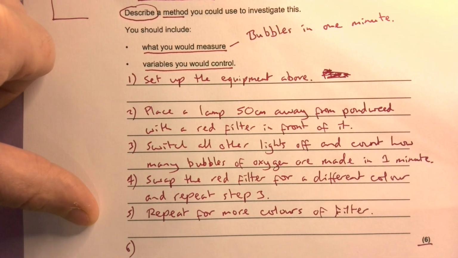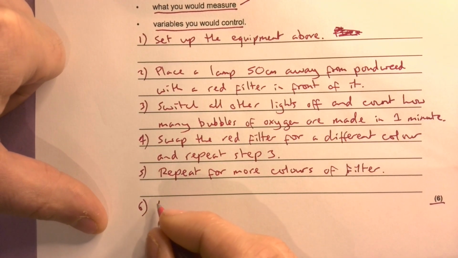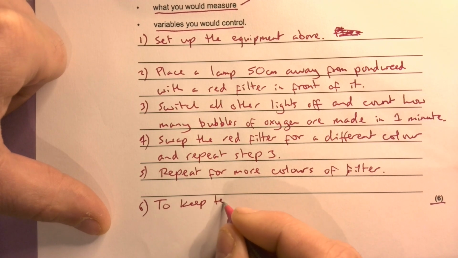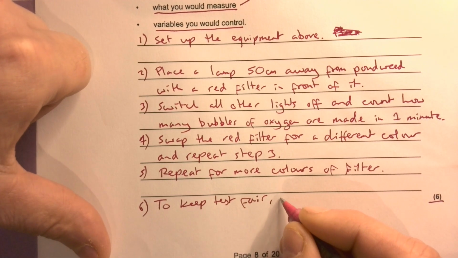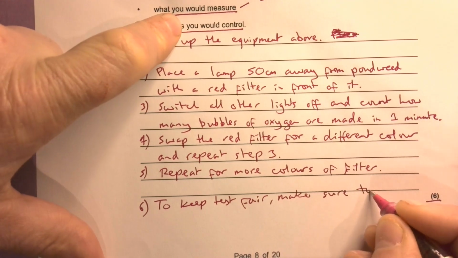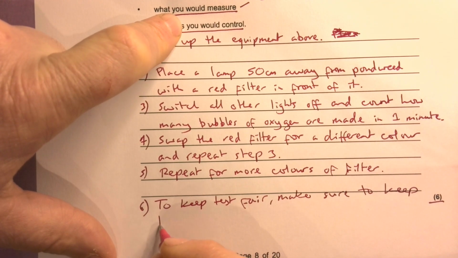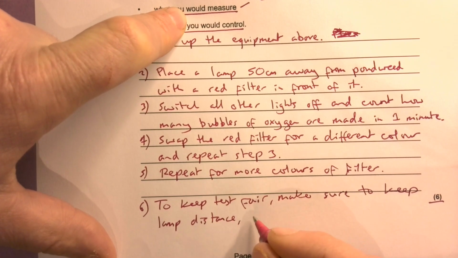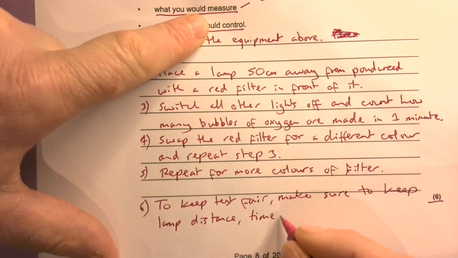Okay, very straightforward. Things I would keep the same. Okay, so things to keep the same. To keep the test fair, make sure to keep lamp distance, time to count.